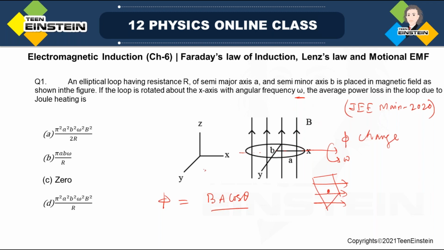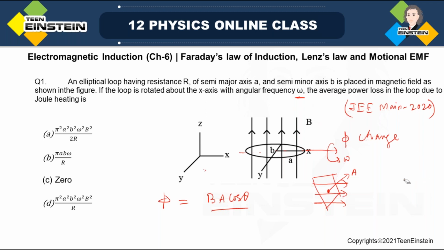So it has an area vector, which is in this direction. Area vector is always normal to the plane of the loop. If this is a rectangular loop, then its outward normal would be this way. Similarly, if this is an elliptical loop, the area vector will be either this way or that way.